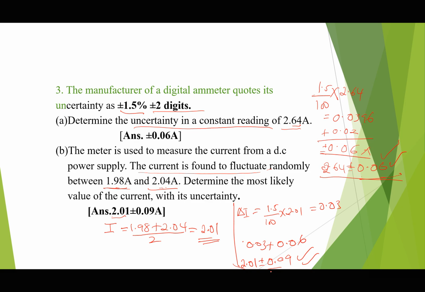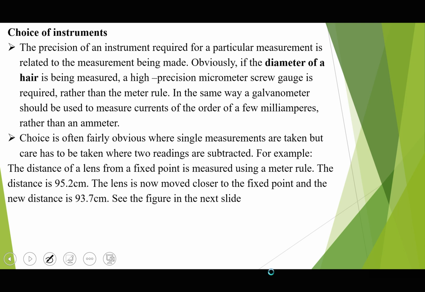Next, we can talk about the choice of instruments. The precision of an instrument required for a particular measurement is somehow related to the measurement being made. Think of a situation where you are to measure the diameter of a single strand of your hair on your head.